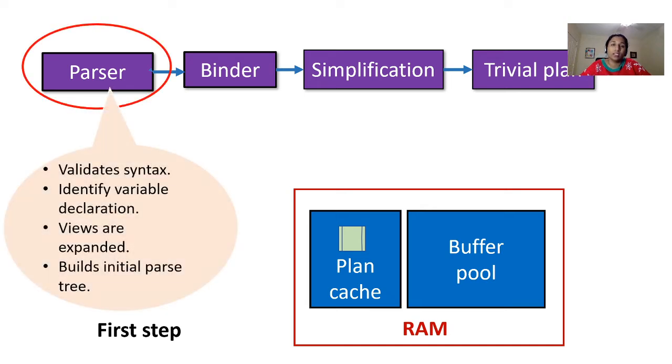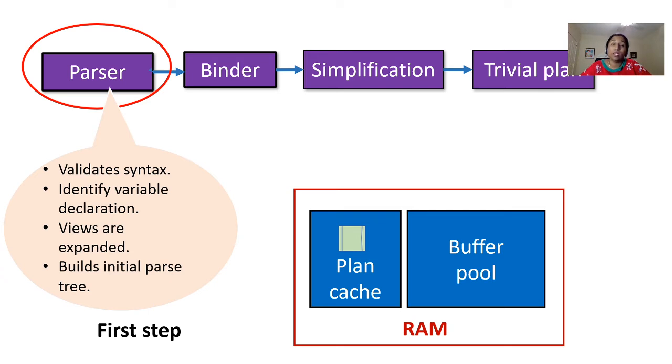What the parser does is, this particular component will identify the syntactical errors in the query we are sending to the SQL server. So for example, if you wanted to do a select star from, but by mistake you have mistyped it, then in that scenario, the parser will identify that as a syntactical error and throw back the error to the user, saying that it is syntactically incorrect.